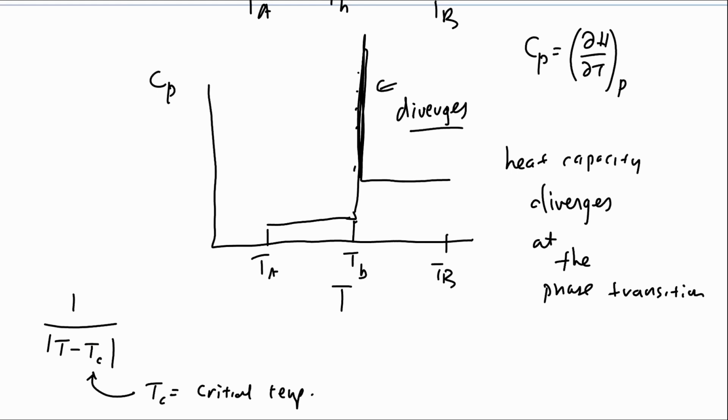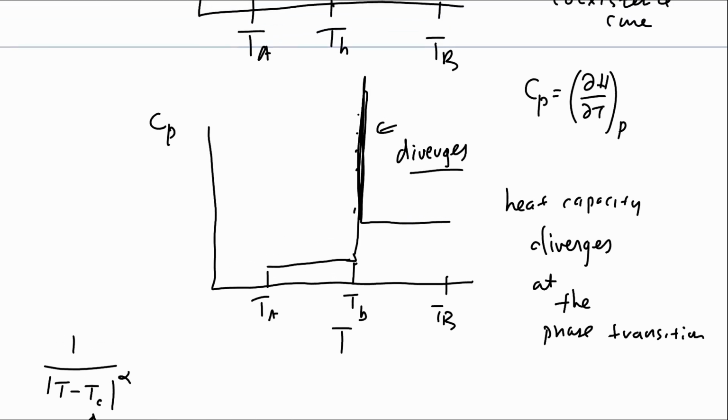That's where things happen, and there'll be some exponent alpha. Is alpha a fraction, or an irrational number? Mathematical theorems are flying around. But if you take 1 over something, 1 over 0, as T goes to T_C, it's going to 0, and the thing goes to infinity. How it goes to infinity interests people.